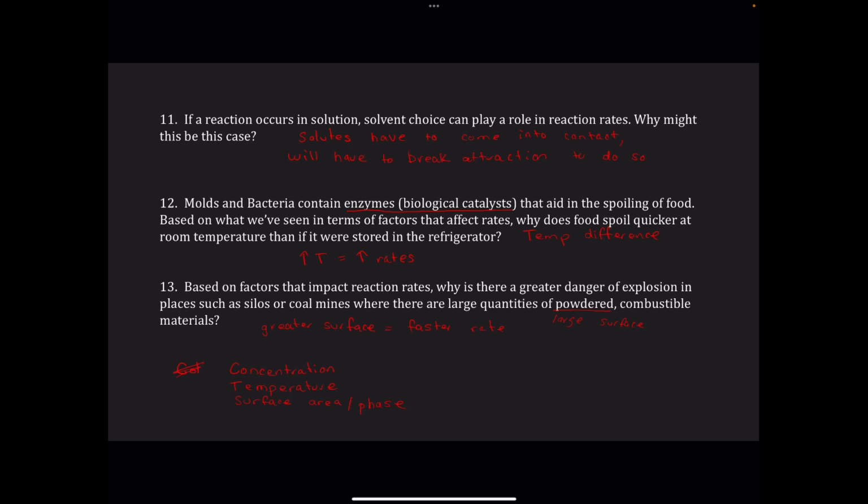So certain phases can move more easily, so we can get more collisions of our particles. We talked about solvent choice. And catalysts. So these are the primary factors that are going to impact rate. Again, with concentration and temperature being some of the more, or having the greater impacts.